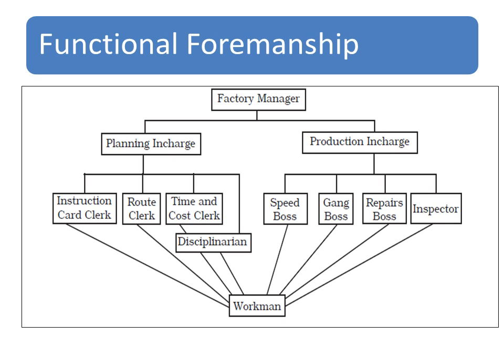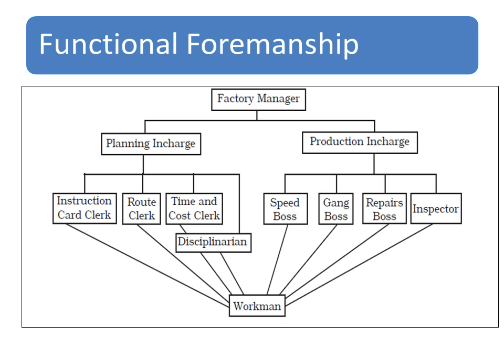Now, you can see that Taylor divided the work of a factory into 2 parts. One is planning work, the other is production work. For doing the planning work, there is a planning in charge, and for doing production work, there is a production in charge.